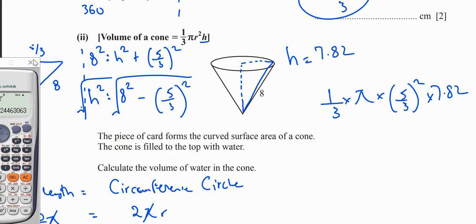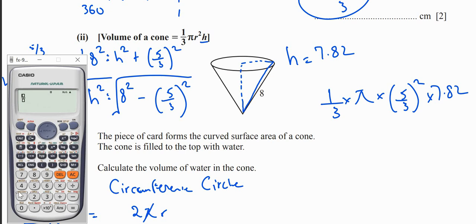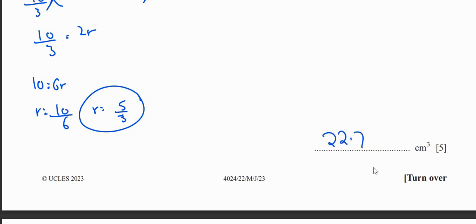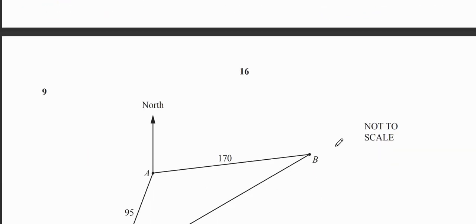Let's solve it. 1 upon 3 multiplied by pi multiplied by 5 upon 3 whole square multiplied by 7.82. So it's 22.74. So I can write my final answer is 22.7. So these were easy 5 marks, free 5 marks.